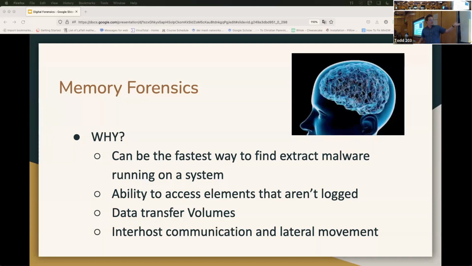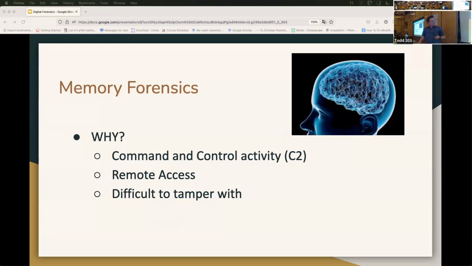We can access the elements that are logged in our memory file, right? These things are just being stored in RAM. Data transfer volumes, our inter-host communication, our network communications. We can see that, which we're not going to see in an actual physical disk capture, right? We can see our command and control activity.